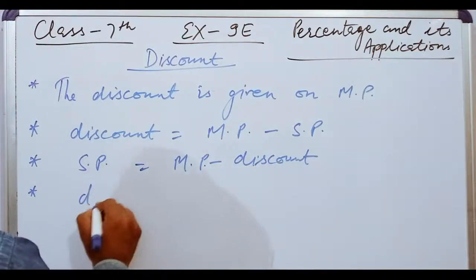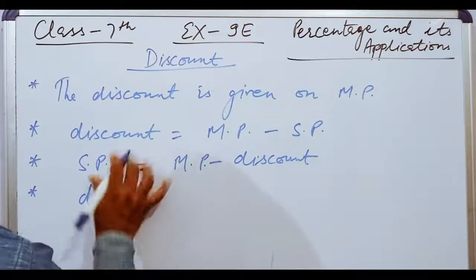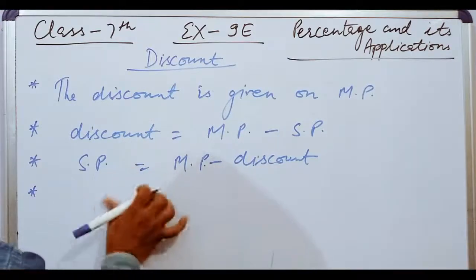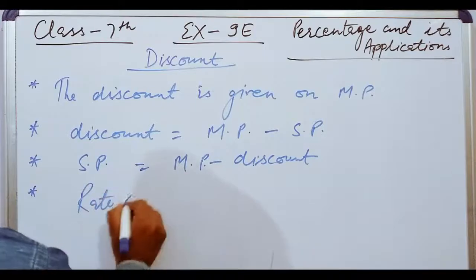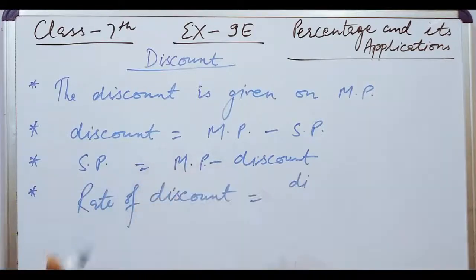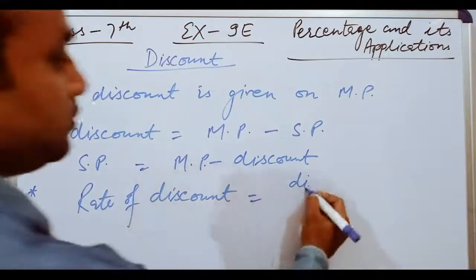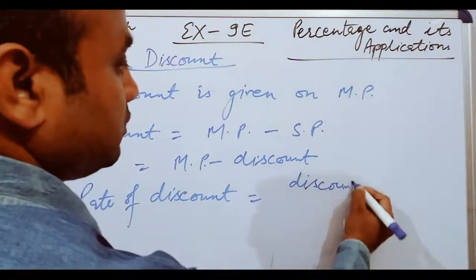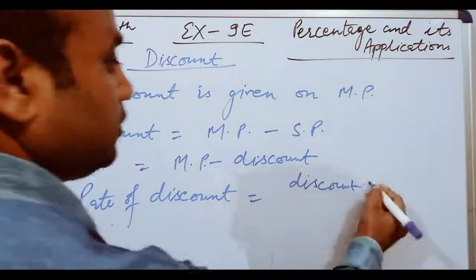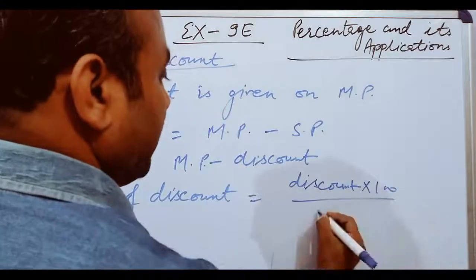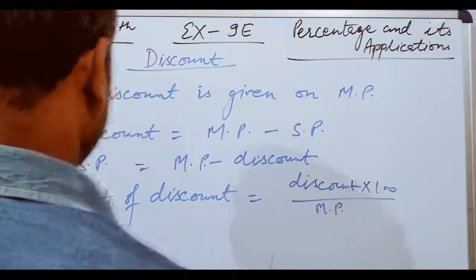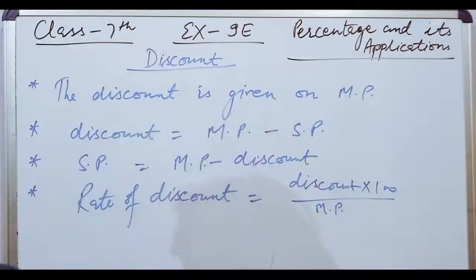Then discount percent, rate of discount, equal to discount into 100 upon mark price. These are the formulas.